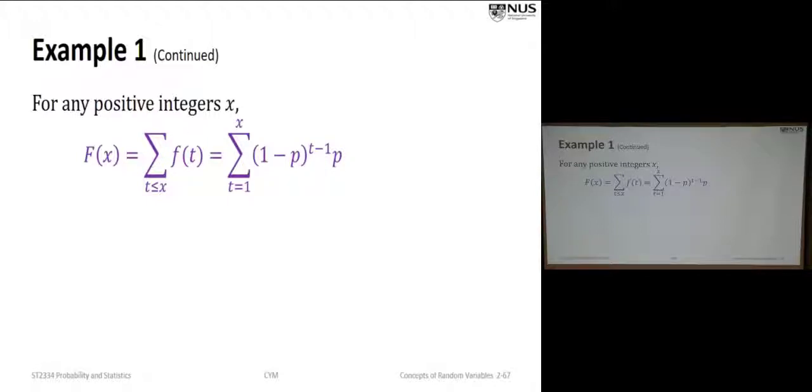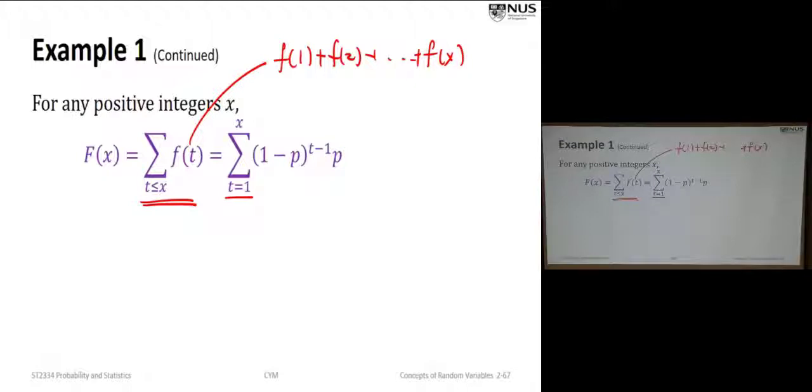So basically we just add. Wow, here you need some mathematical skills. F of x will be f(1), f(2), up to f(x). So that's why we sum t from 1 to x.